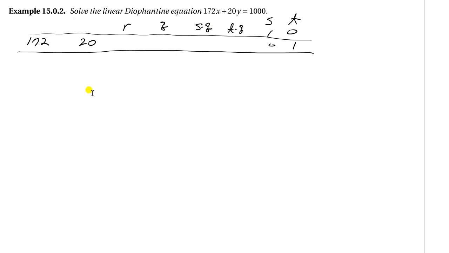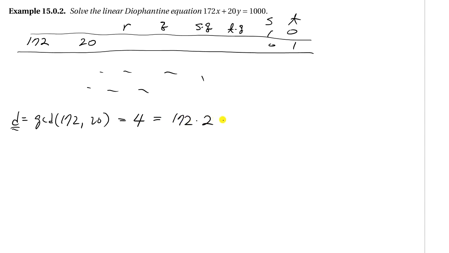After you finish all of this, eventually we get that the greatest common divisor of 172 and 20 is 4. So D equals 4, and 4 is 172 times 2 plus 20 times negative 17.